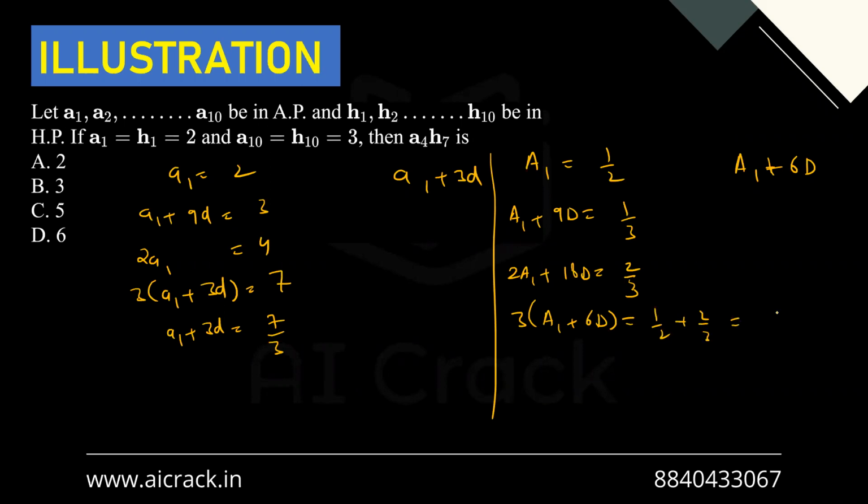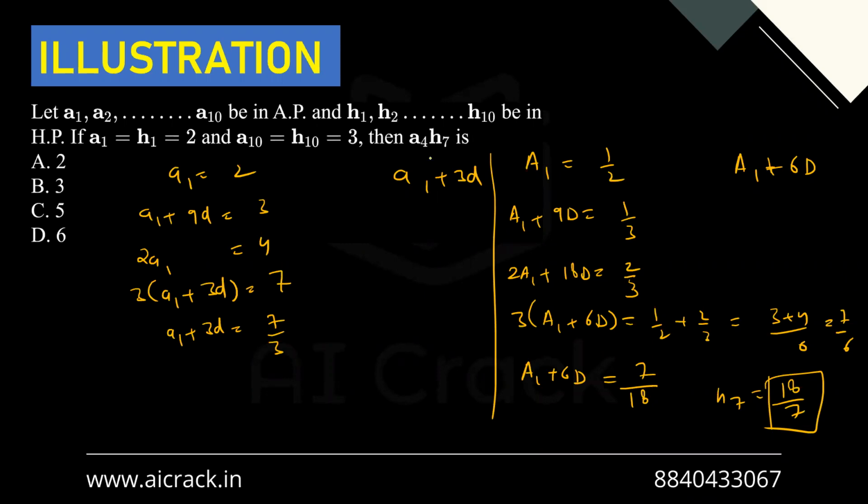That would become 3 plus 4 by 6, that is 7 by 6. So A1 plus 6D equals 7 by 18. Now this was A7. We have to find H7. H7 would be 18 by 7, right?